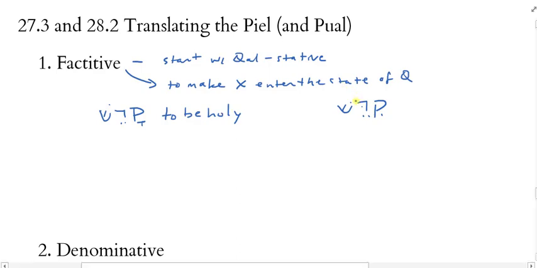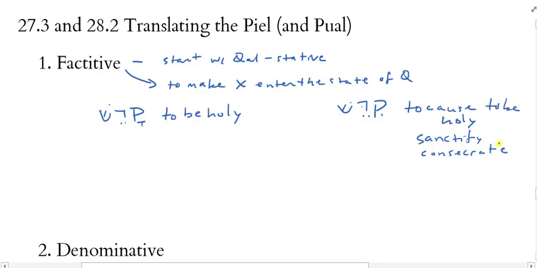And so whenever we translate this with the factative meaning, to cause to be holy, there's usually going to be some verb in English that actually encapsulates that whole idea. And for us, it's to sanctify or to consecrate, right? Those all have the same meaning.